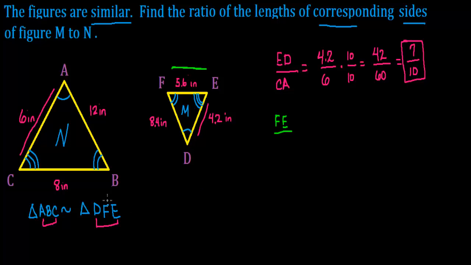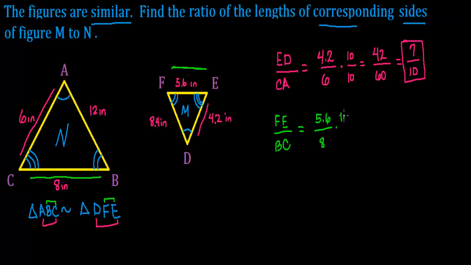Well, let's go to the statement. Notice that FE are the last two letters, so BC, which are the last two letters in this statement, is the corresponding side to FE. So here, this side BC corresponds to FE, so I write FE to BC, and now I substitute the values. FE is 5.6 and BC is 8 inches.